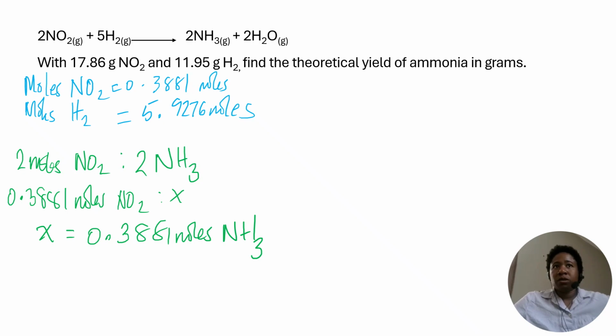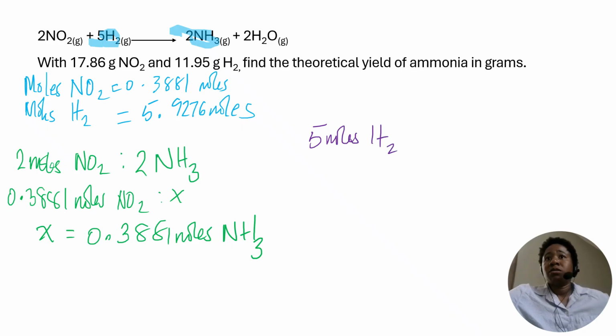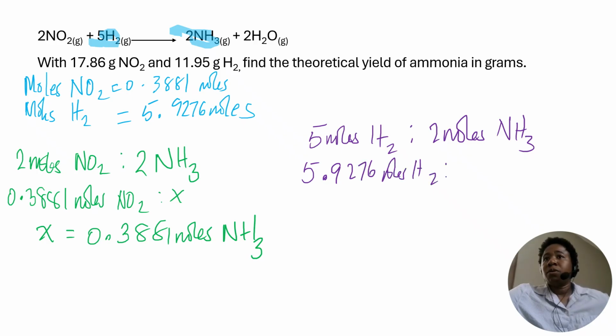All right, we have to now look at it from the hydrogen standpoint. So we have to focus on the mole ratio between hydrogen and ammonia. Okay. And this tells us that every 5 moles of hydrogen reacts to form 2 moles of ammonia. So now, if we had 5.9276 moles of hydrogen, how many moles of ammonia would we form?